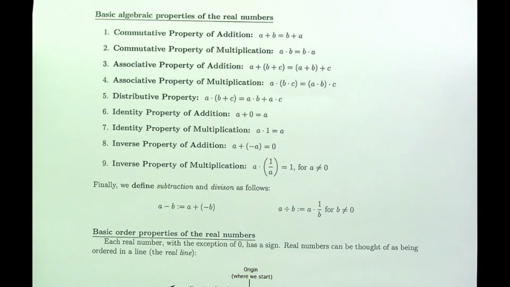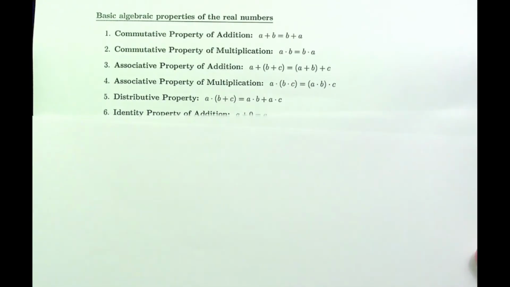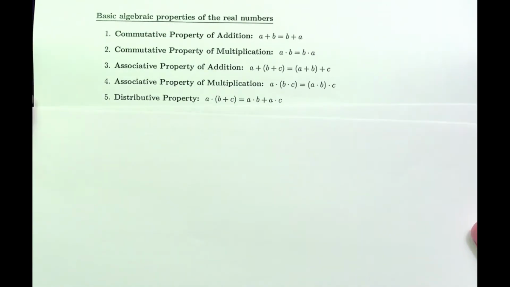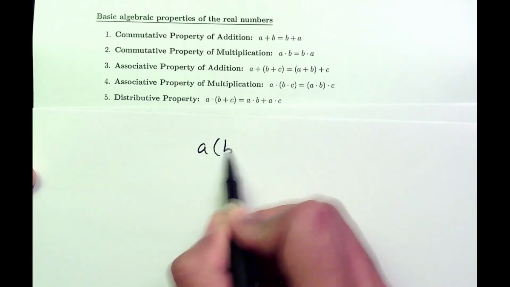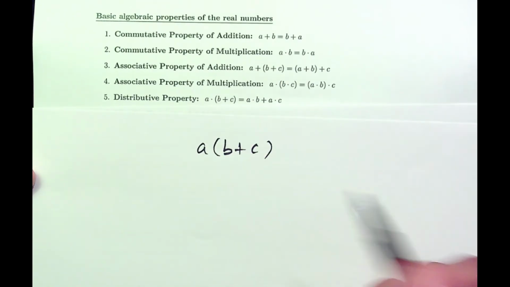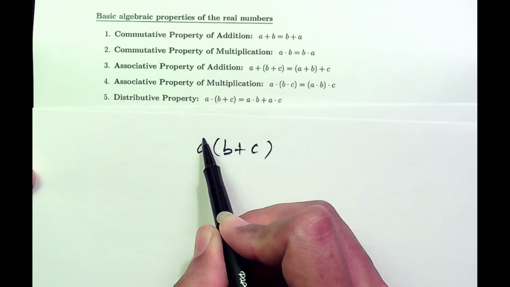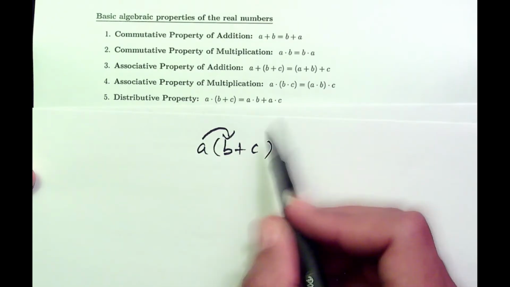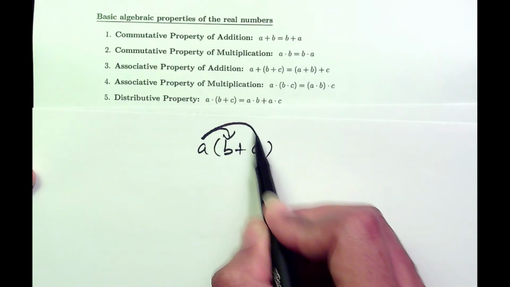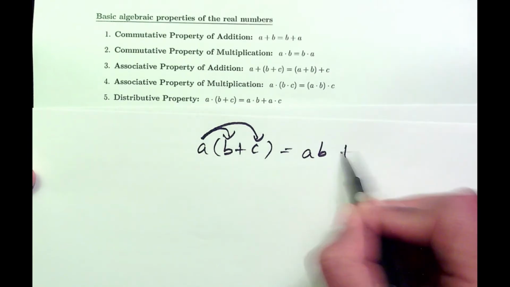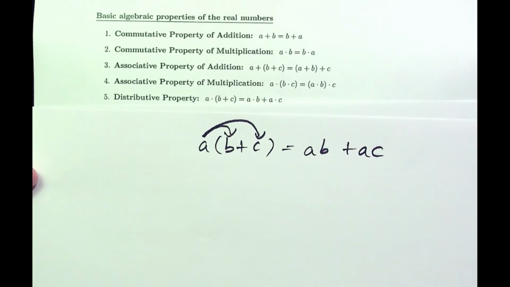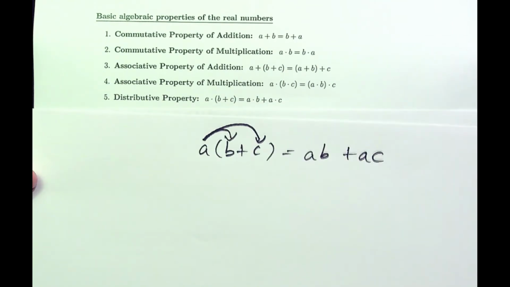The distributive property, now that's the one that allows you to distribute. If you have a multiplication over a sum, so A times (B plus C), you can distribute, and the way you do that is A times B and then A times C. So this is equal to A times B plus A times C. And of course, because multiplication is commutative, the order does not matter.